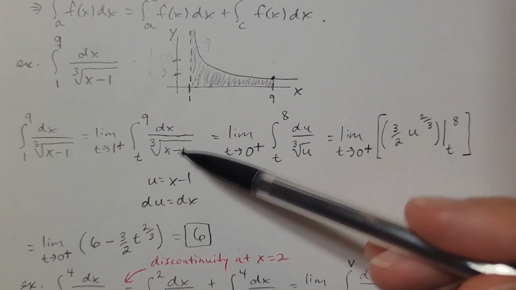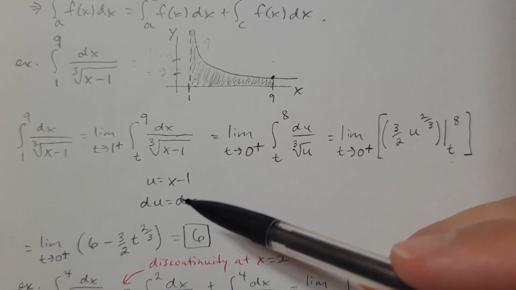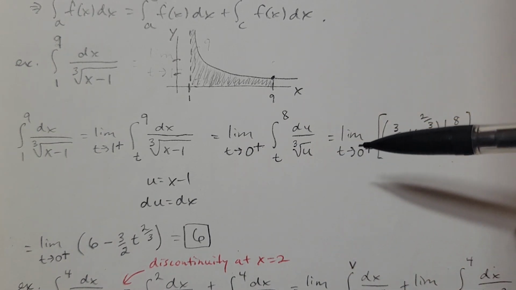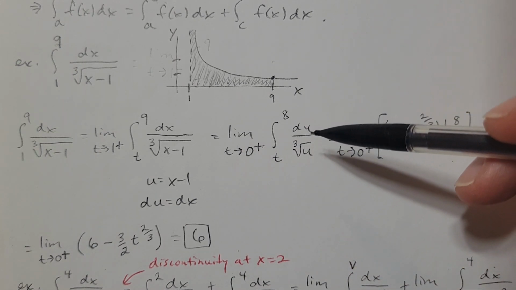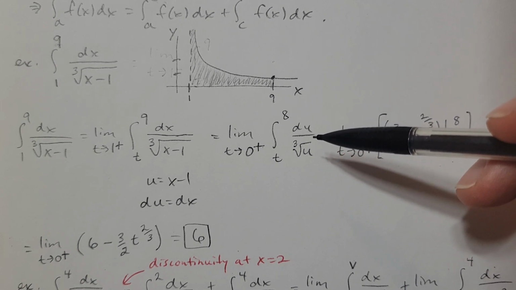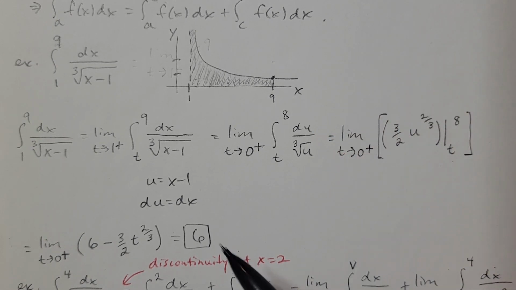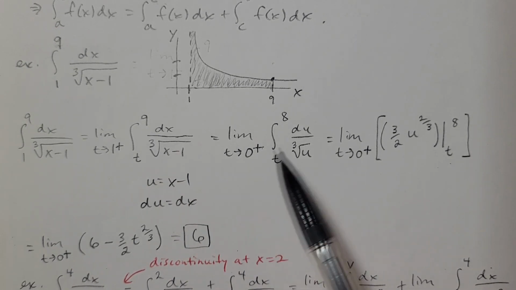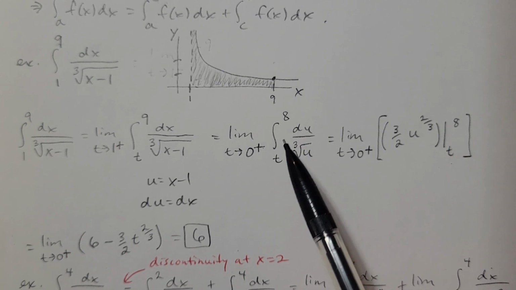And now we have to integrate this function. That's by u substitution. If I let u be x minus 1, du is dx, and I have 1 over the cube root of u du. If x is 9, 9 minus 1 is 8, the upper bound.